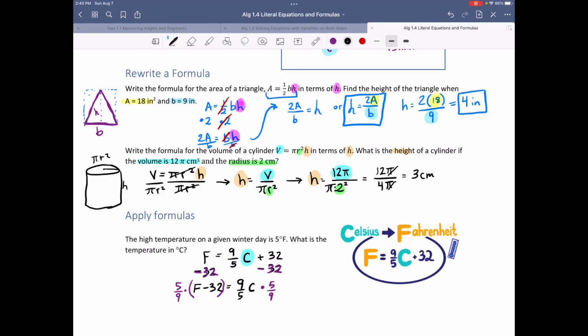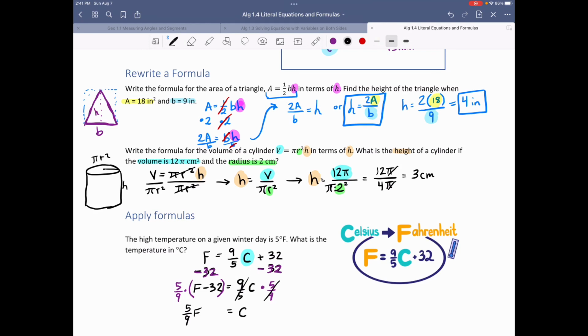When I do that, the 5/9 cancels the 9/5, leaving us with just C equals 5/9 times F and 5/9 times 32, which is 17.7 repeating.